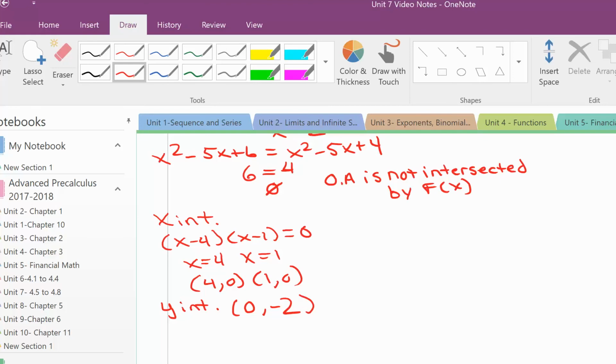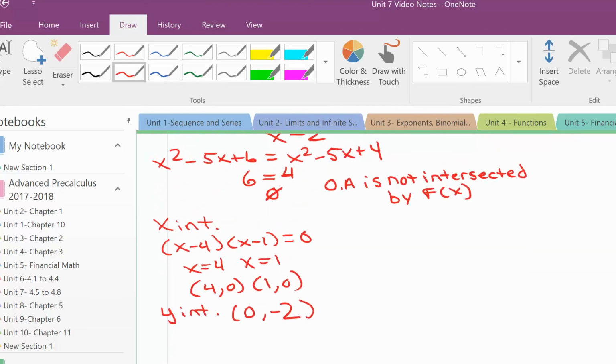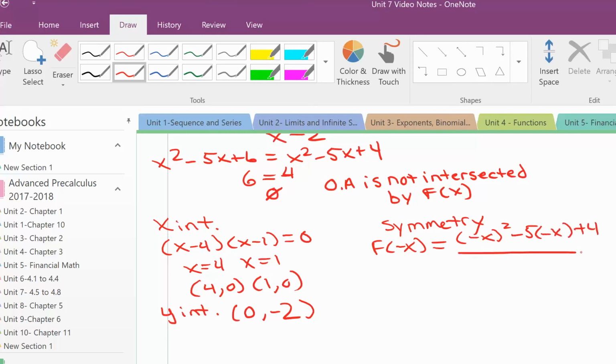And then you have to find the symmetry before we can graph. Symmetry means, remember, when you put a negative x in, you get negative x squared minus 5 times negative x plus 4 all over negative x minus 2. When you square that, you get x squared.